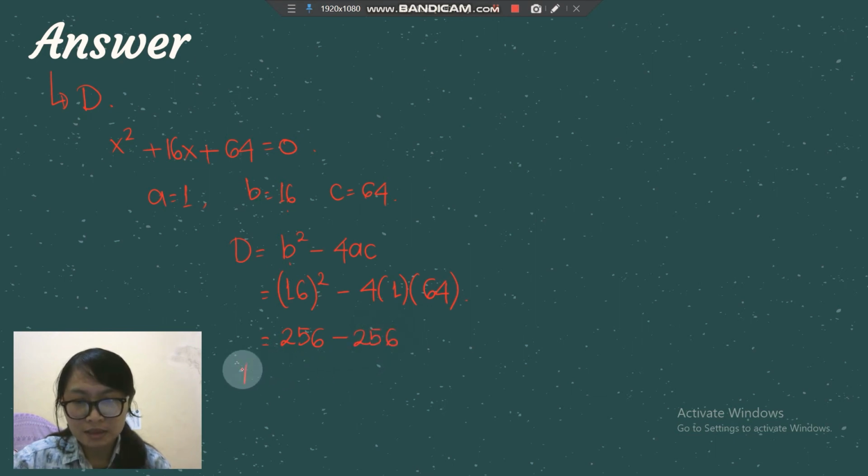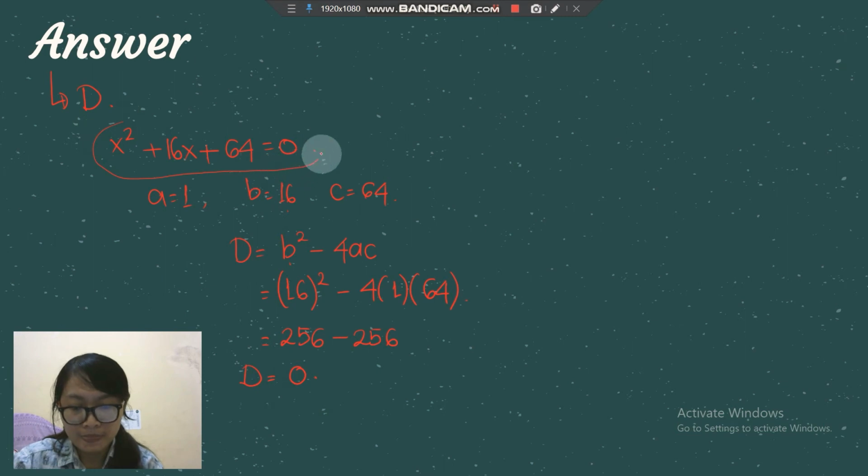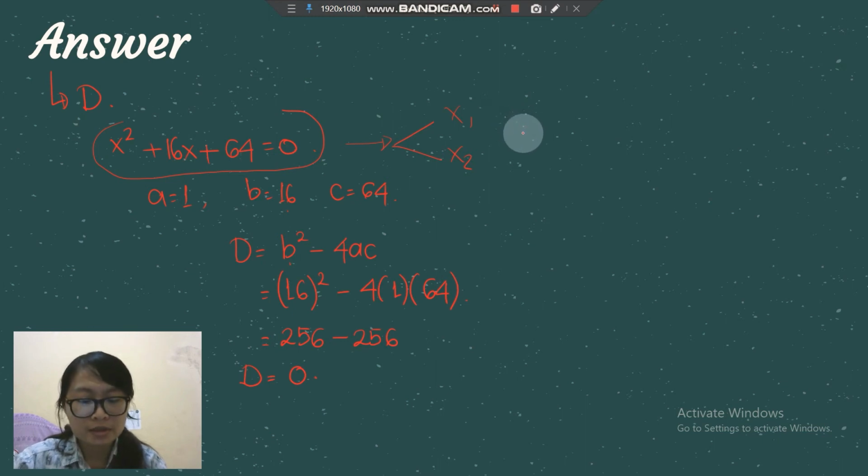So D, or the discriminant, equals 0. The value of D equals 0, so the equation has two roots that are twin, or the same, and real, in accordance with the previous discriminant explanation.